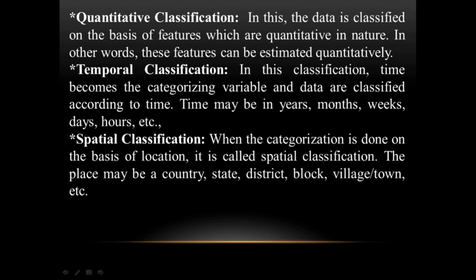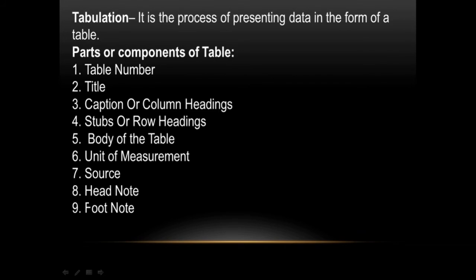Time may be in years, months, weeks, days, hours, etc. Spatial classification: when the categorization is done on the basis of location, it is called spatial classification. The place may be a country, state, district, block, village, town, etc.